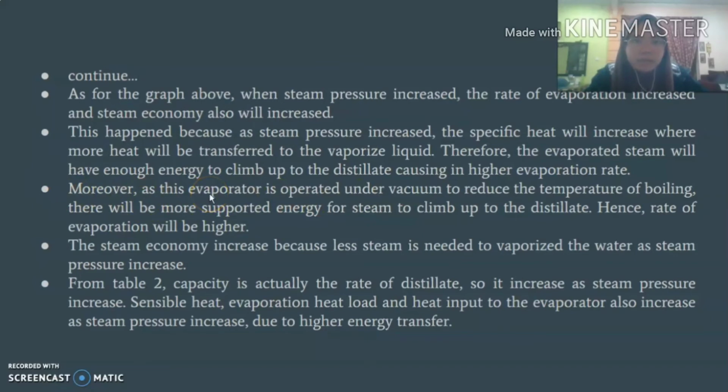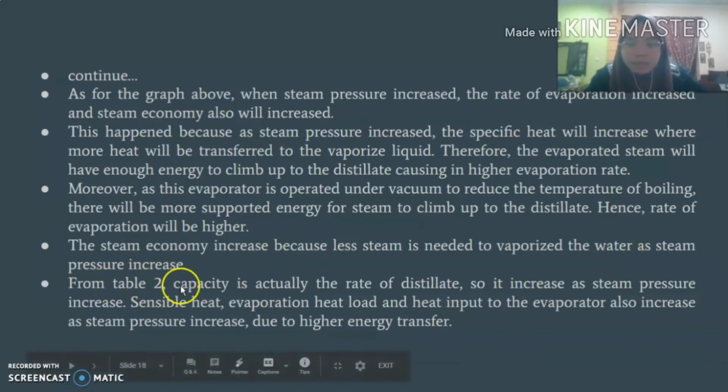Moreover, as we operated this experiment under vacuum, there is more supported energy for the steam to climb up to the distillate, and therefore the rate of evaporation will be higher. And for the economy, the steam economy increases because less steam is needed to vaporize the water.